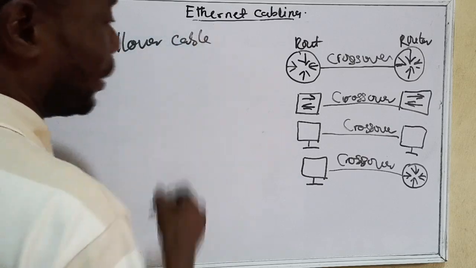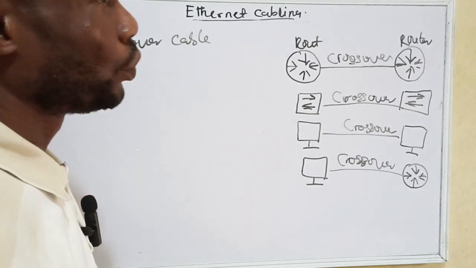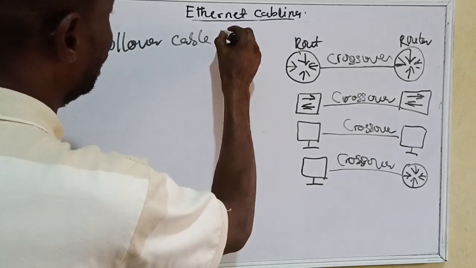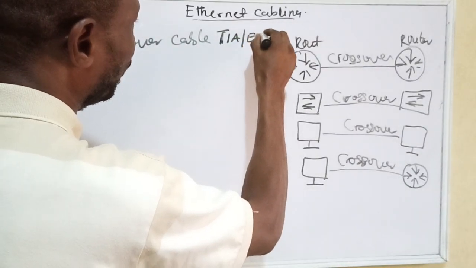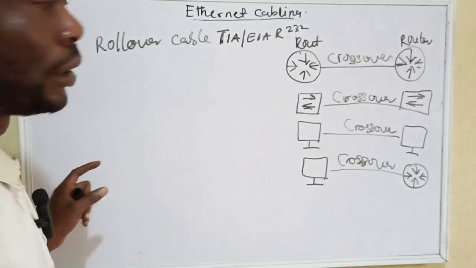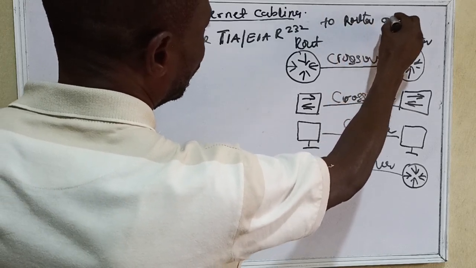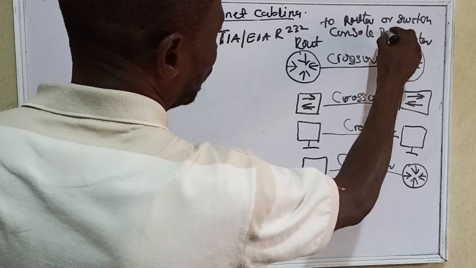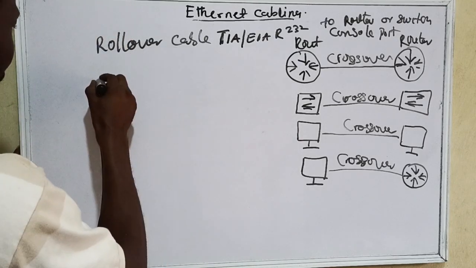Rollover cables are used from the computer's RS-232 port, the Telecommunications Industry Association/Electronic Industries Association RS-232 at the back of the computer, to the console port of a router or switch for configuration.